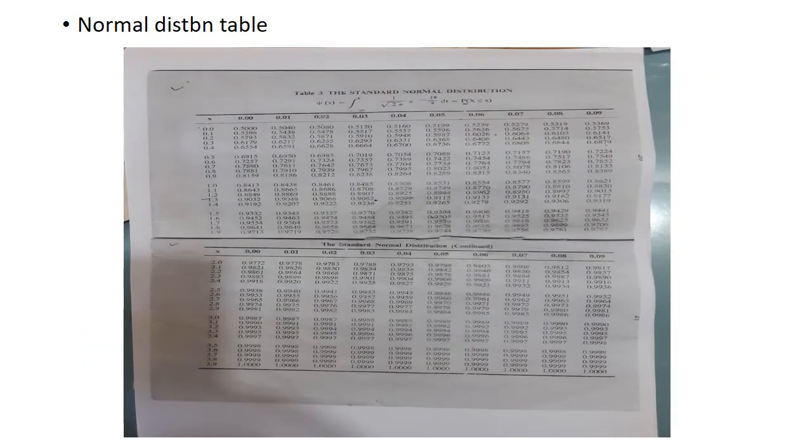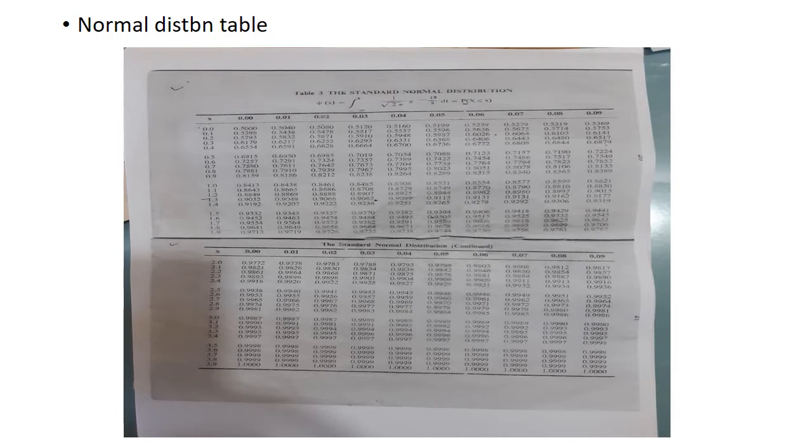So here is the normal distribution table. If you want to find probability of x less than or equal to 2.5, then in the first column you go to 2.5, yes, it is here, and the 0 column. Its intersection is 0.9938. That is how this value is obtained.